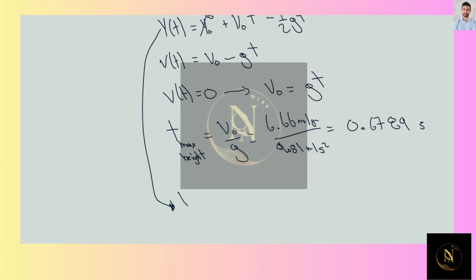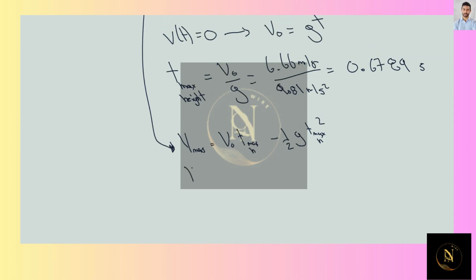We can alternatively replace this value over here. For example, y maximum would be equal to v0 times the maximum height time minus 1/2 of gravity times the time for maximum height squared.